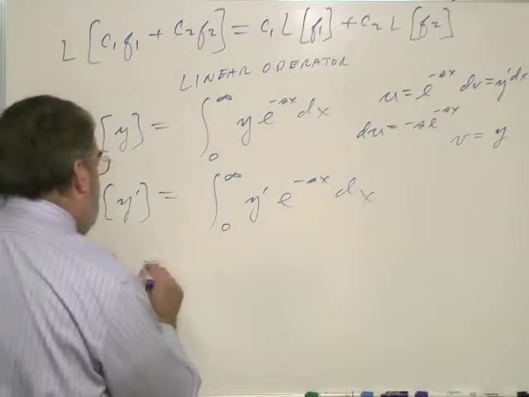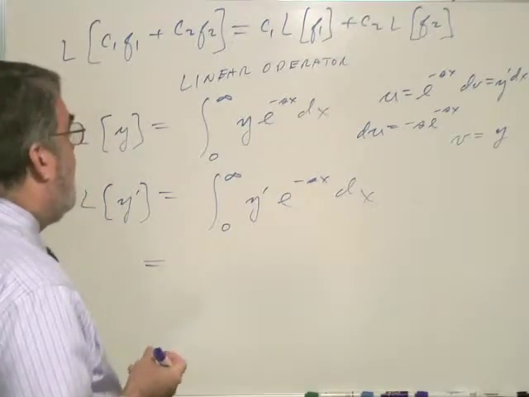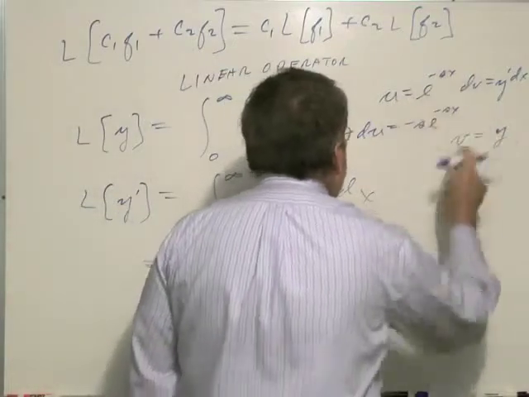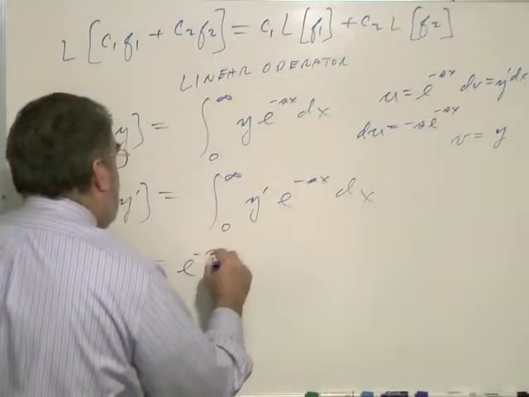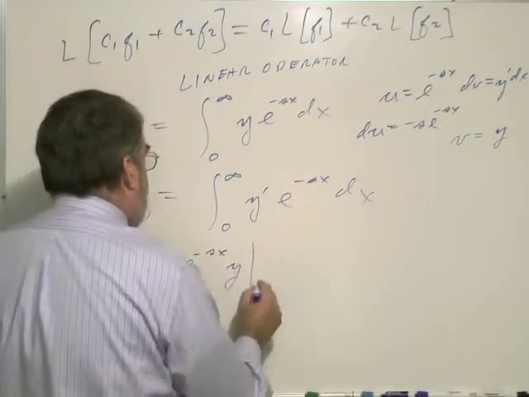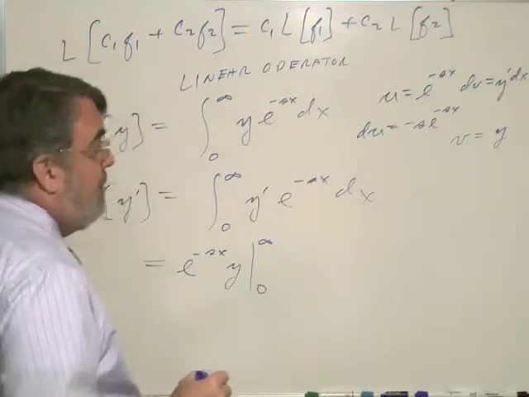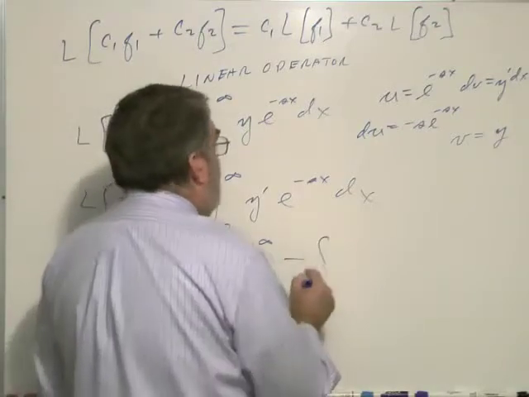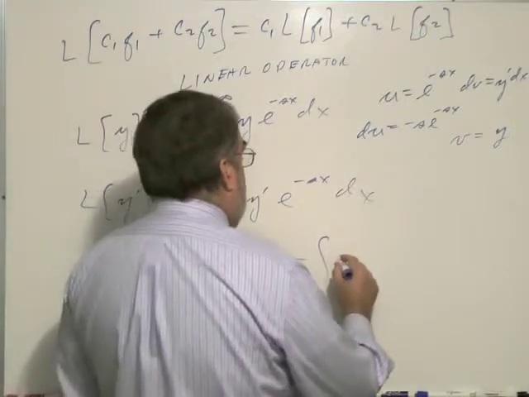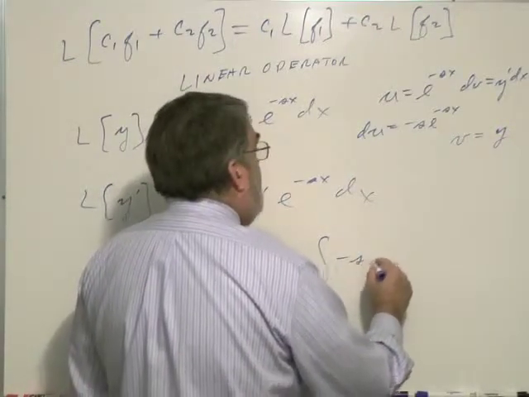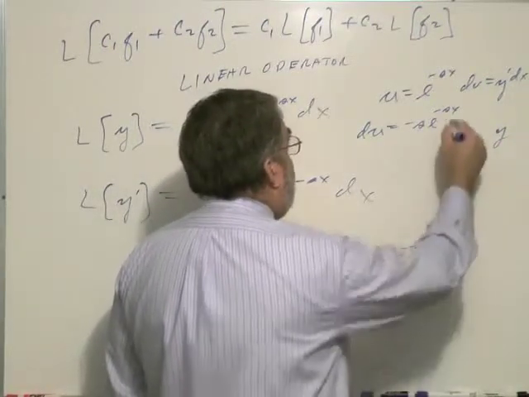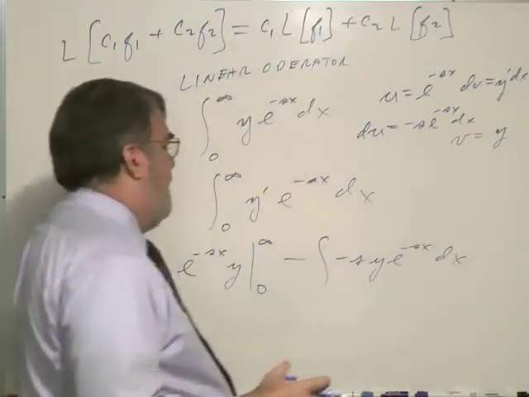So when I plug this in using integration by parts, I have u times v, so it'd be e to the minus sx times y, evaluated from 0 to infinity, and then minus the integral of v du, so this would be minus s y e to the negative sx dx. And I forgot to write my dx there, sorry about that.